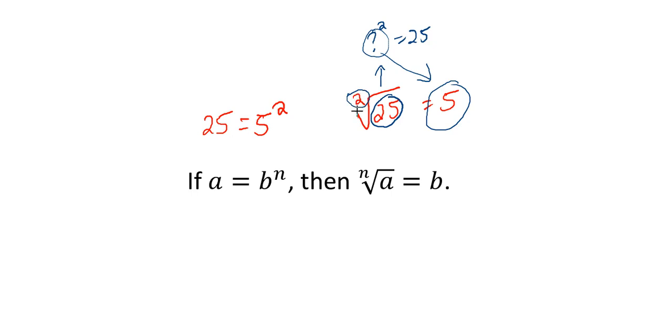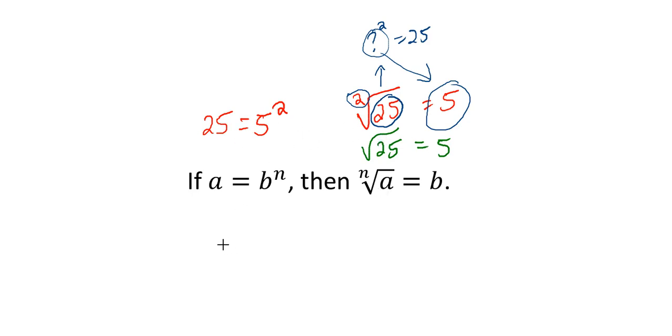If the number is missing from this area, it's assumed to be a square root. So really this would typically be written without the 2 written there. And so the square root of 25 is equal to 5, which at this point most students already know as a fact, and this just confirms it.